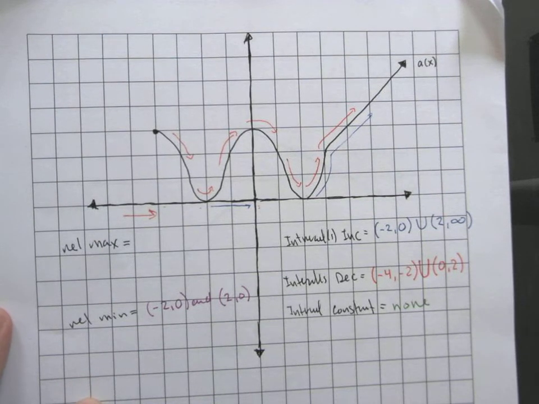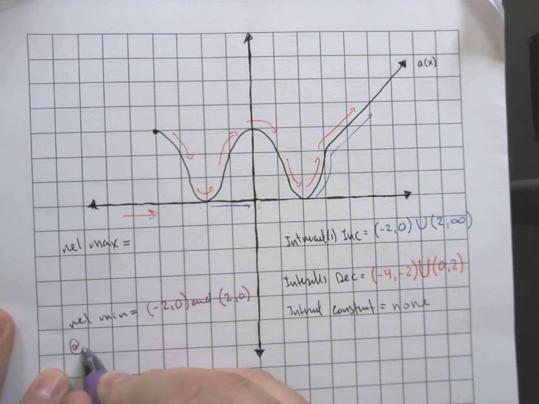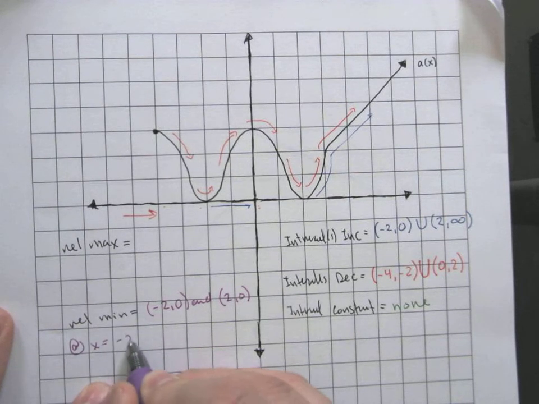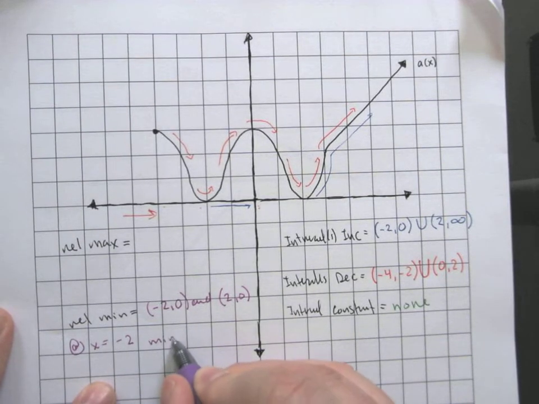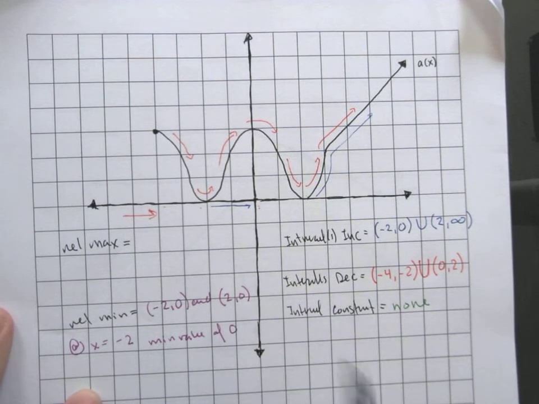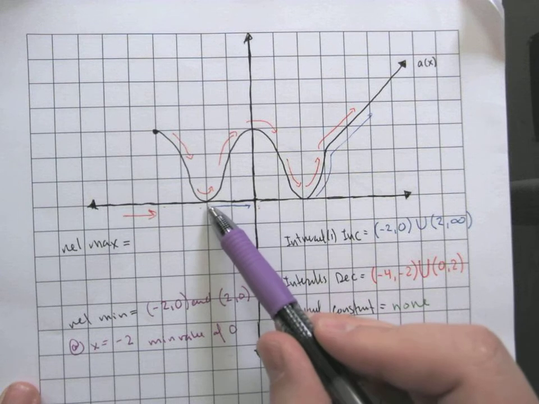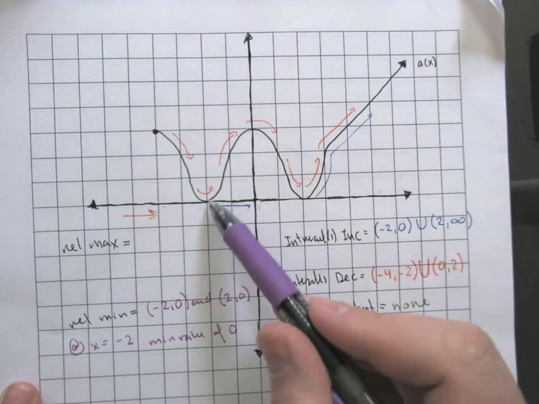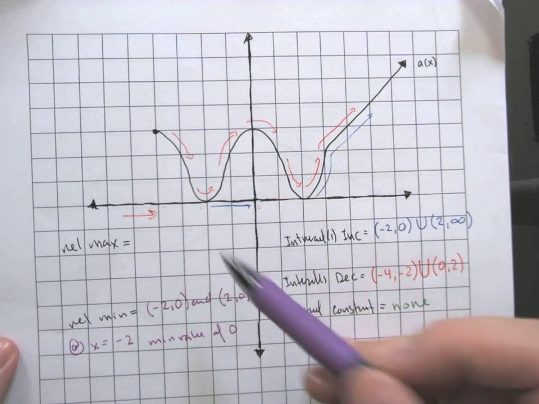The other thing we could say is we could say at x equals -2, there is a min value of 0. And so what we're doing there is we're identifying, right, the x value where the minimum happens, and then the minimum value itself is 0, right? The height is 0.